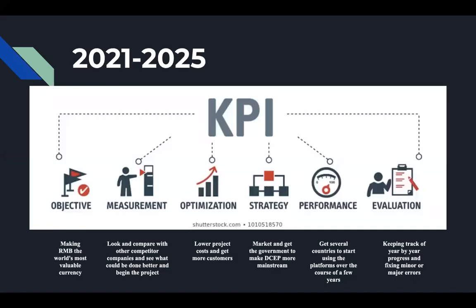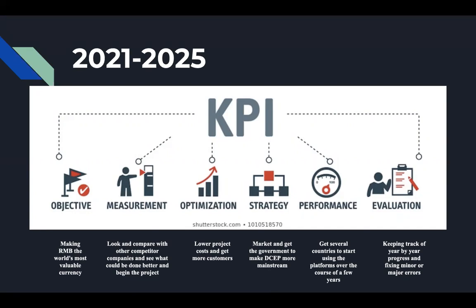My name is Aldiar, and this is our KPI. Our objective is making RMB the world's most valuable currency. Our measurement is to look at and compare with other competitors and companies, and see what could be done better, and begin the project. We can optimize it by lowering project costs and getting more customers.